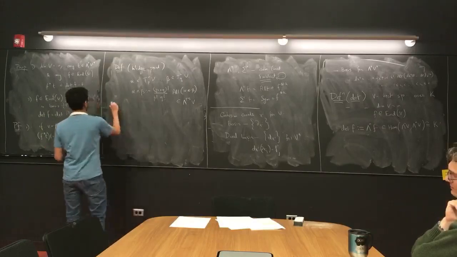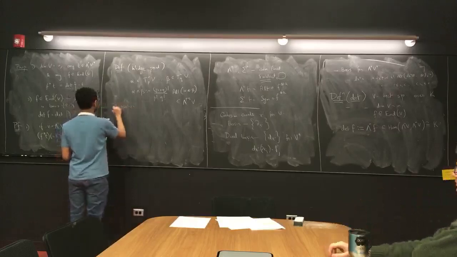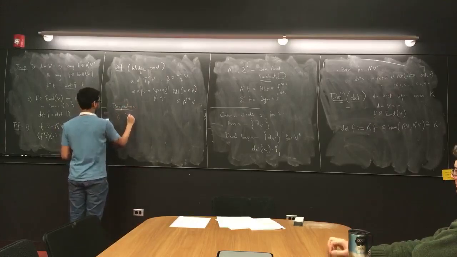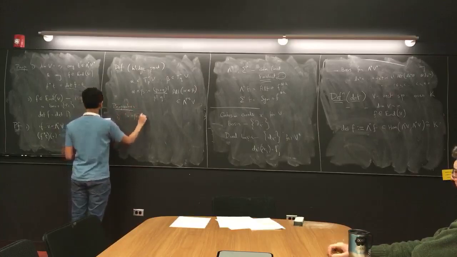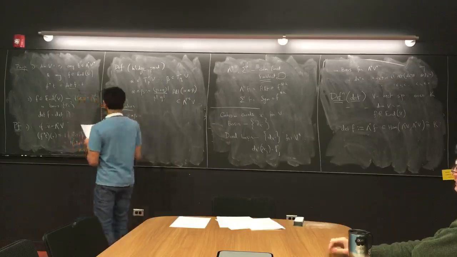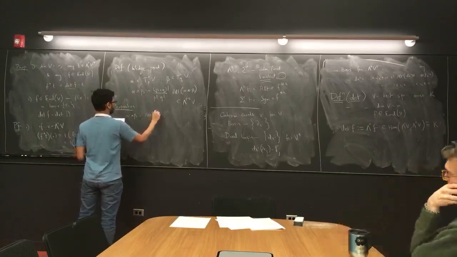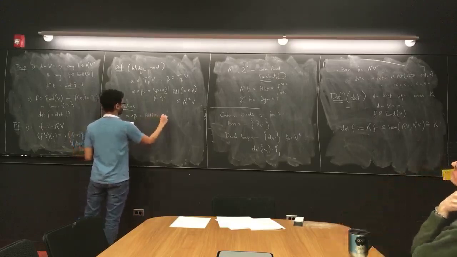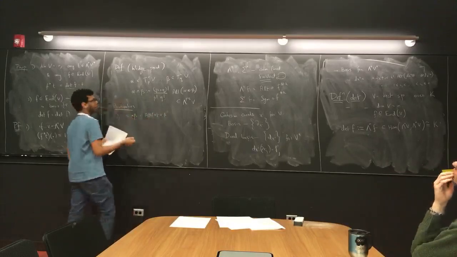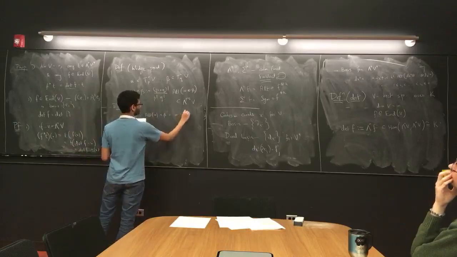So some properties of the wedge product. If alpha and beta aren't forms, you can still define the wedge product on them by just converting them into forms.